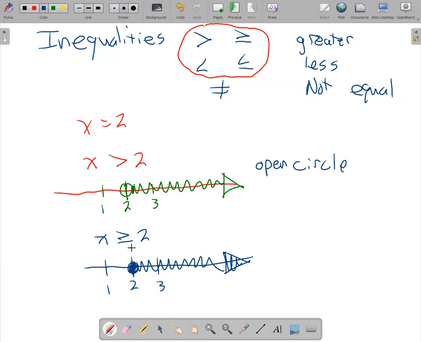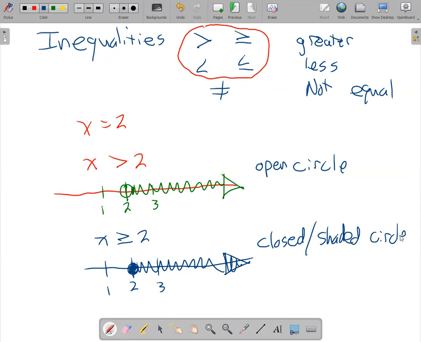If you have the or equal to there, then it's a closed or shaded circle. And whether it's less than or greater than, it's just whether you're on the right or on the left. But that's important.